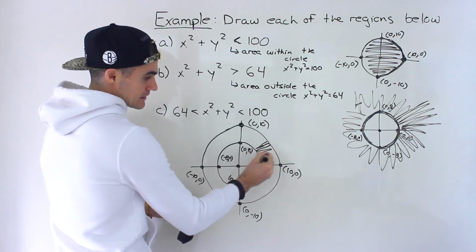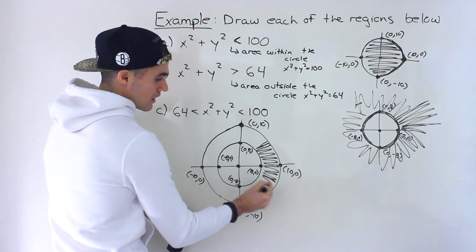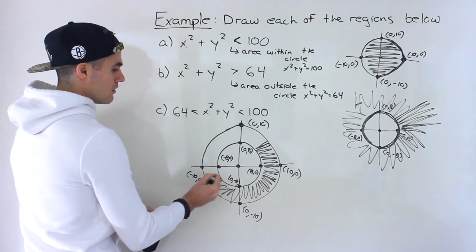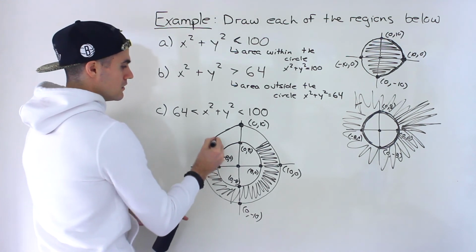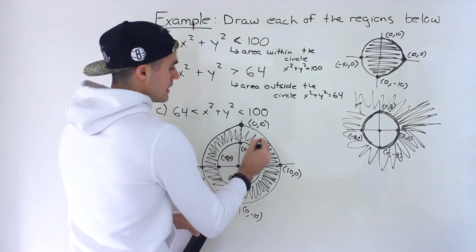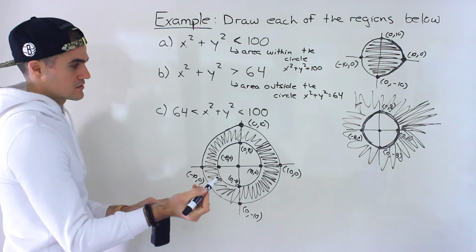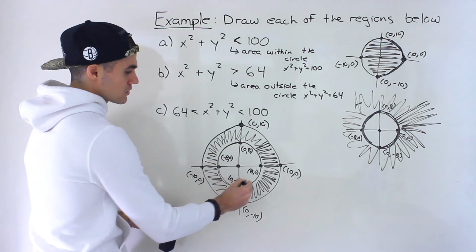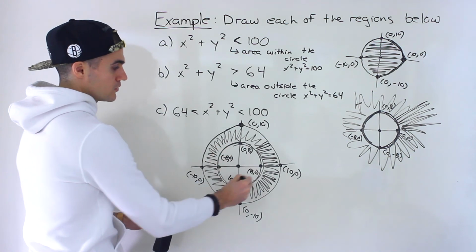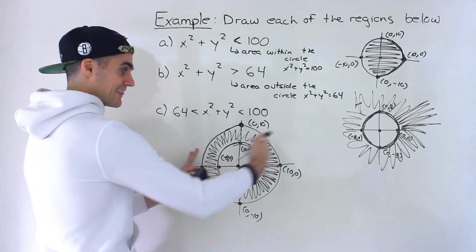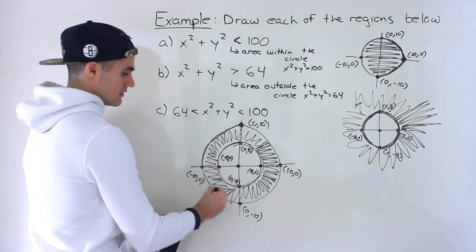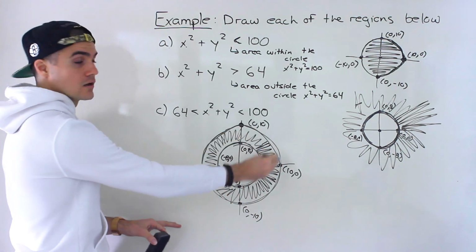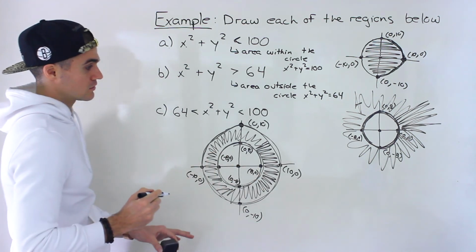So it's basically just going to be this area over here, right? If we shade in all around, it's going to be the area between the circles, right? The area that's greater than the smaller circle, not including the points on the smaller circle, but less than, or the area within the larger circle, not including the points on the larger circle.